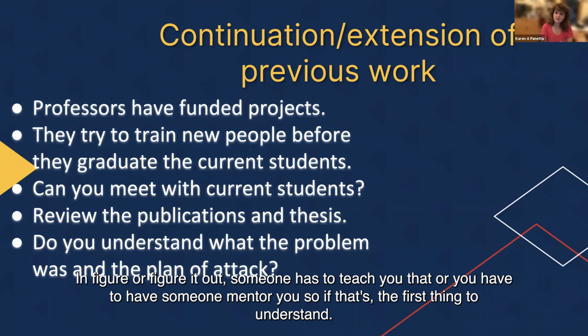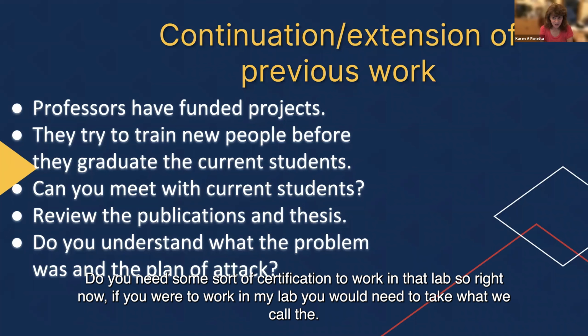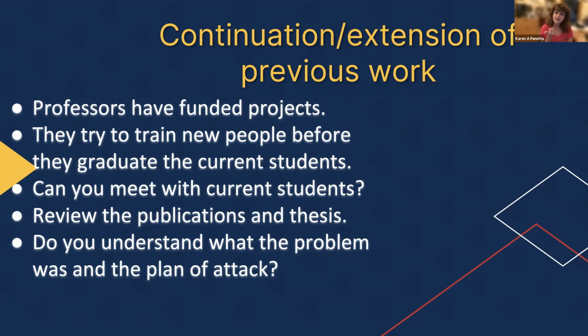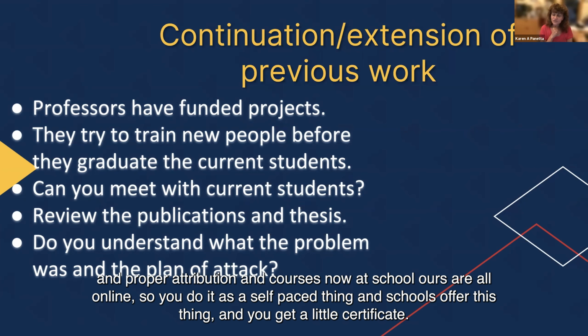So that's the first thing to understand: what are the operations that you need to understand to even work in this lab. And the other thing that's not on this slide, but really is important, is, do you need some sort of certification to work in that lab? So right now, if you were to work in my lab, you would need to take what they call CITI training, which is a certification to say you understand good conduct of research, you know how to publish things, you understand what's ethical, you understand what's plagiarism, you understand authorship and proper attribution.